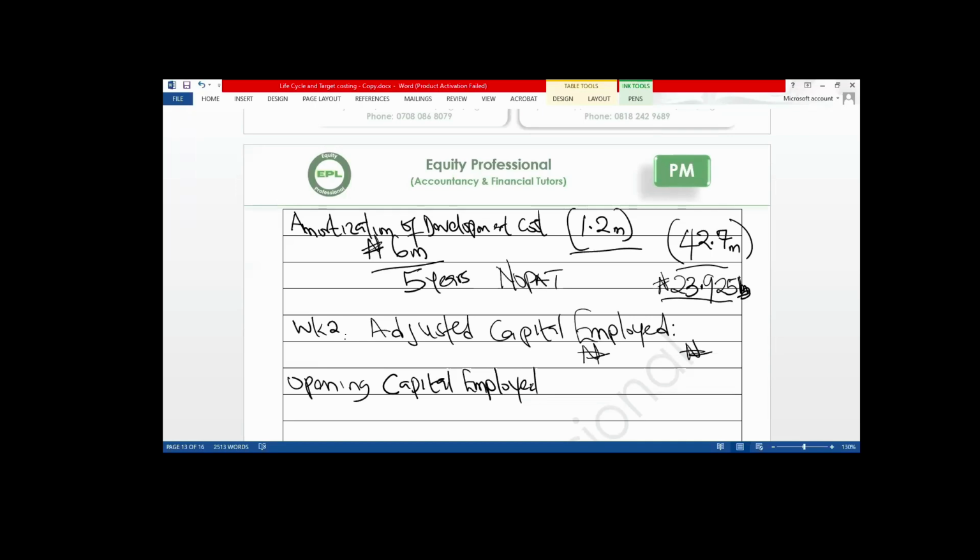Now you are going to pick opening capital employed. Remember, you are dealing with 2018. That means our opening capital employed will be the closing capital employed for 2017.